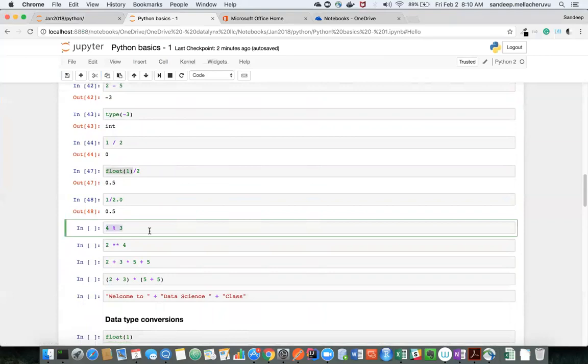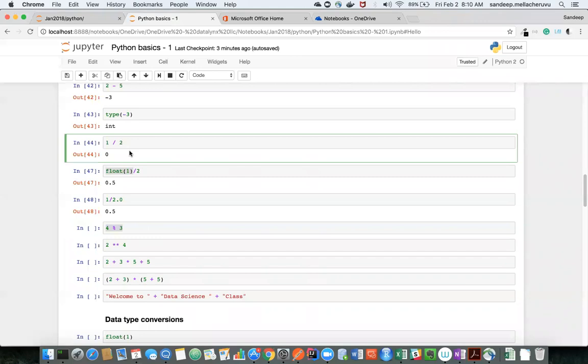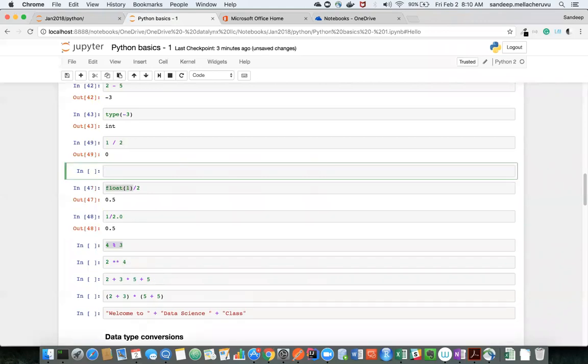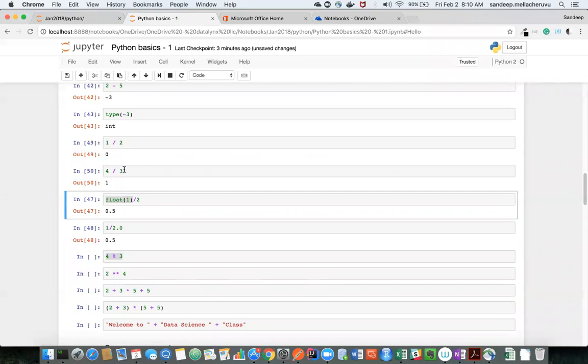Now in division, you'll have remainders and quotients. When you do an integer division, for example, 4 by 3, or instead, let's say 8 by 3, all you get is a quotient.